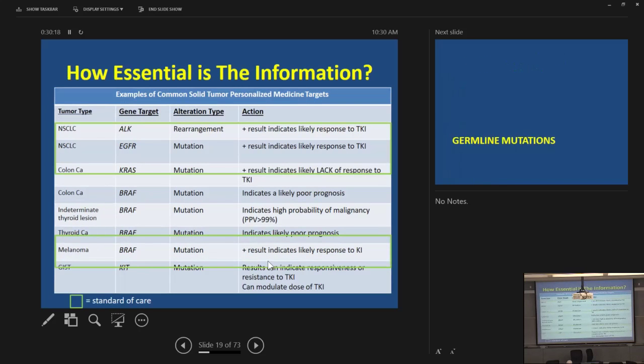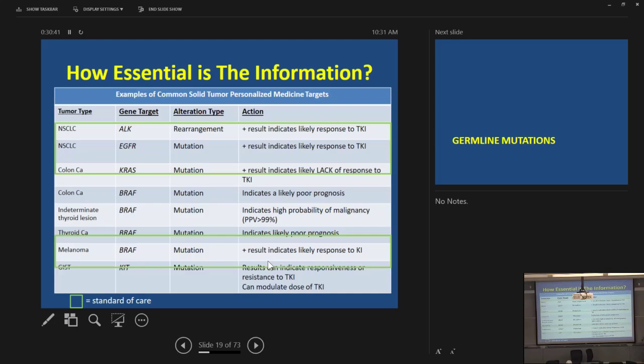So why is this information essential? Because these little boxes in green have become standard of care. This genomic information has now changed the way that we practice and treat our patients, and those changes have resulted in what? Better outcomes, right?